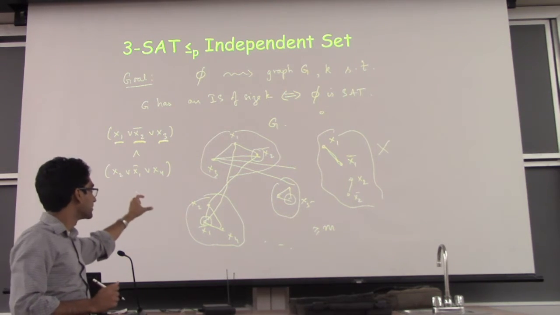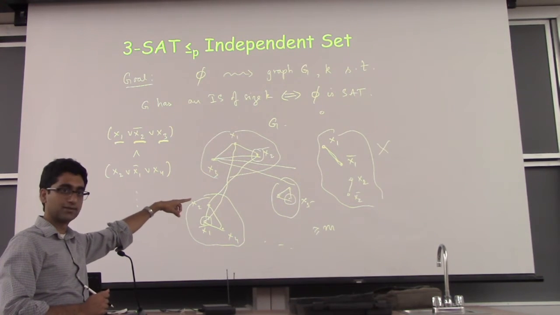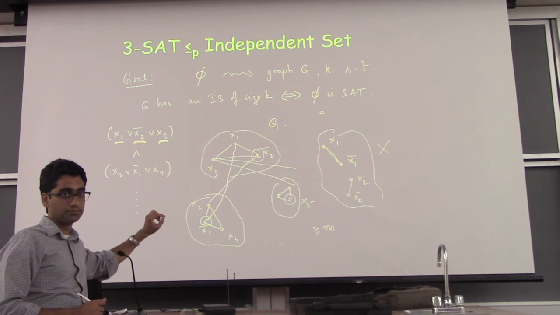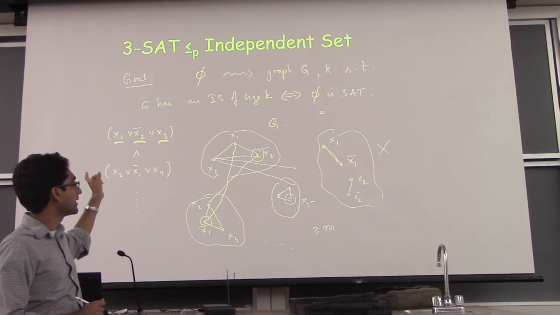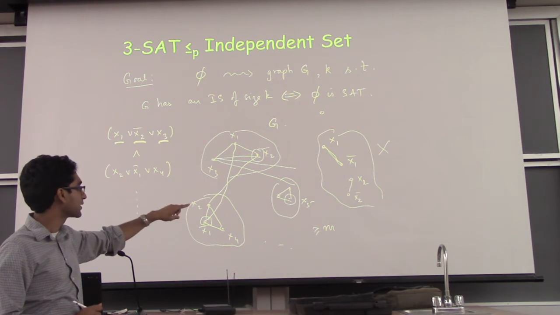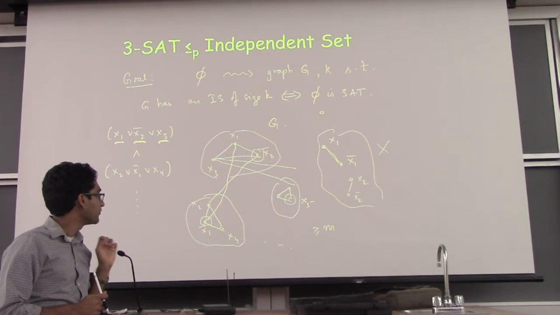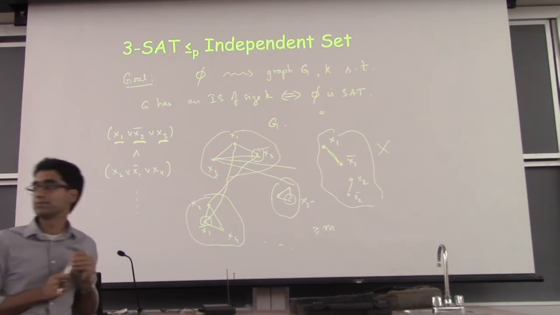It could be possible that you pick two vertices in one thing, two vertices in another, and maybe nothing from this. And that would still be an independent set of size m. But it would not lead to a satisfying assignment for phi because one of the clauses is not satisfied. So in some sense we need to enforce every clause to have at least one thing picked. That's why we need it.